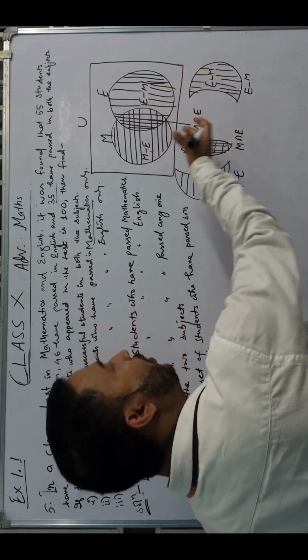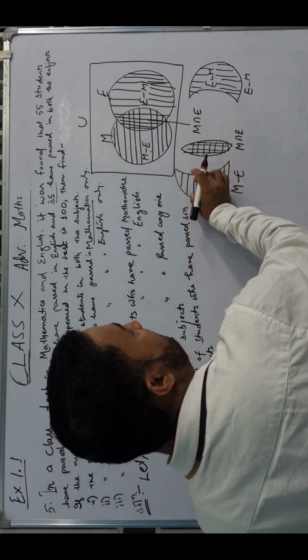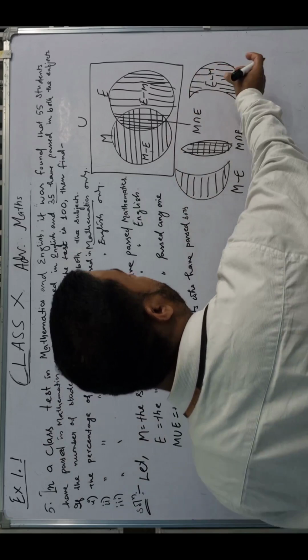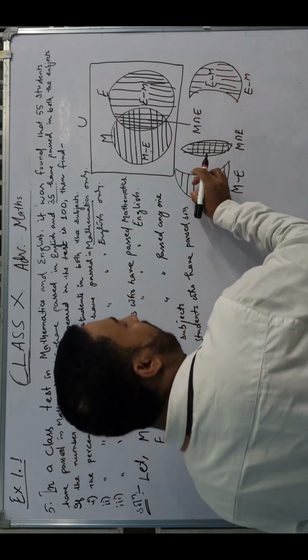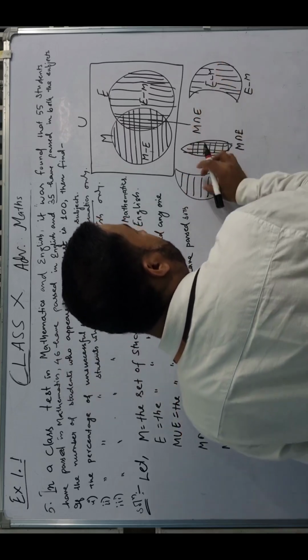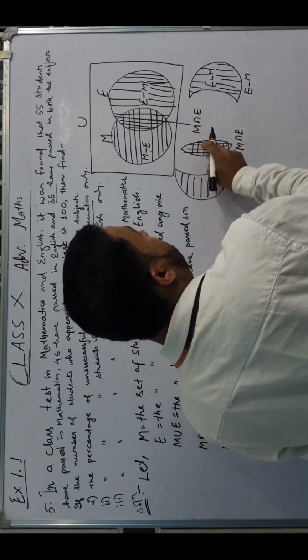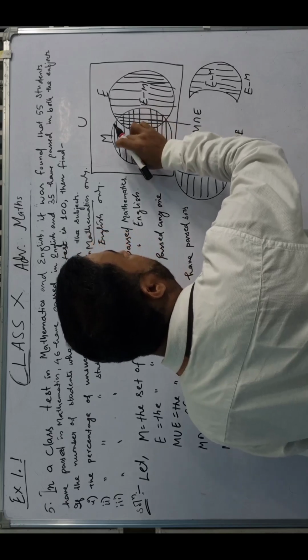That means it is only in M. This part is only in M because these are the students who could not clear the English subject, because if he or she had cleared the English subject, then it should be in M intersection E. This part is not in E.